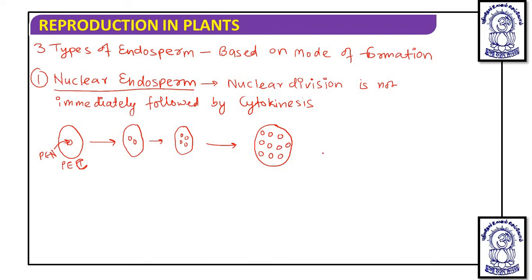Initially it does not undergo cytoplasm division, but at the end cytokinesis will occur, and we will see the formation of several cells within this particular tissue. So this multicellular tissue will be formed, and that endosperm is nothing but a nuclear endosperm.